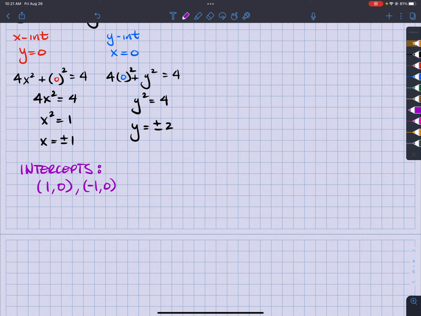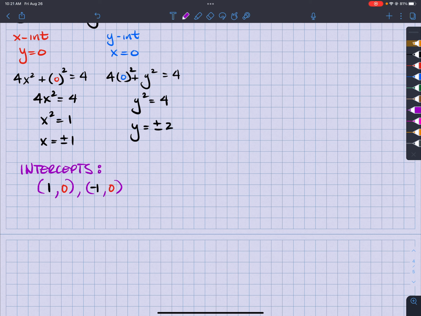Maybe I should have written it this way instead, so that you have a better understanding. Let me do this, comma, this. As I said, y is 0, x is 1. So I'm going to write down 1, comma, 0, and negative 1, comma, 0.